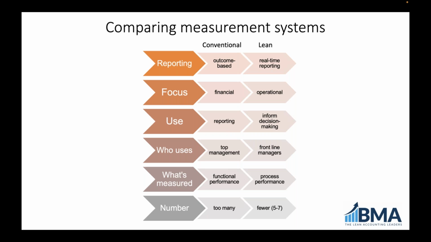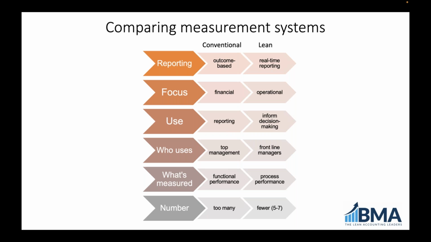One of the important things to remember here, what do you want the people to focus on in terms of performance measurements? If you give a department or a value stream like 16 or 20 different types of things to measure and report on, first of all, they probably conflict.